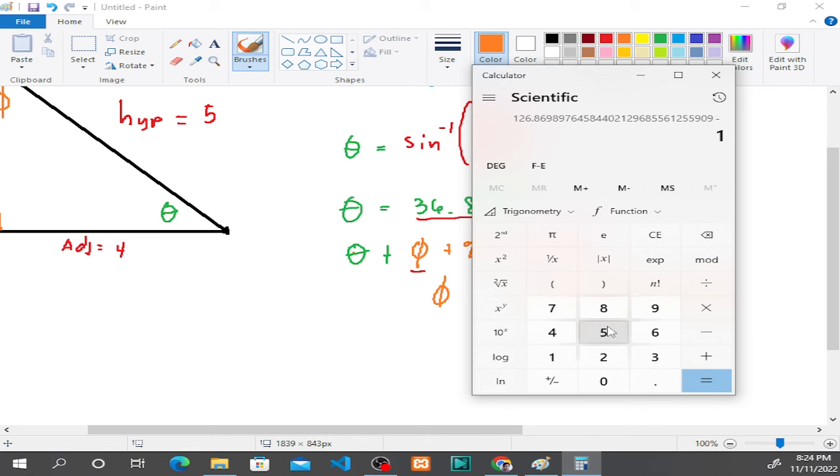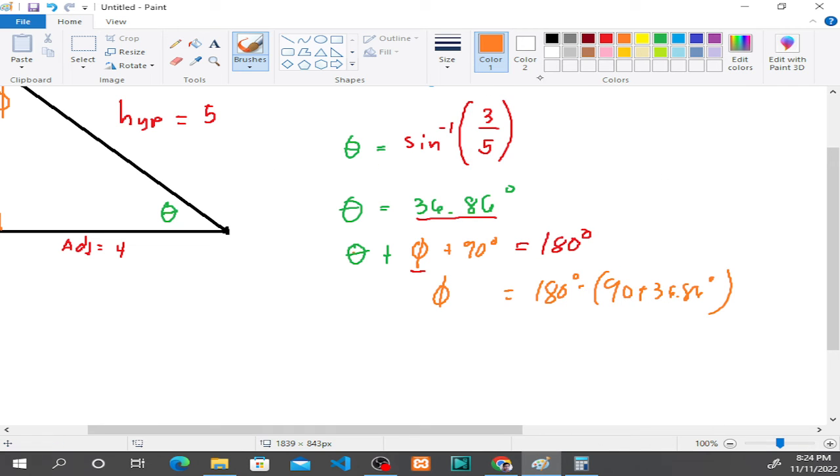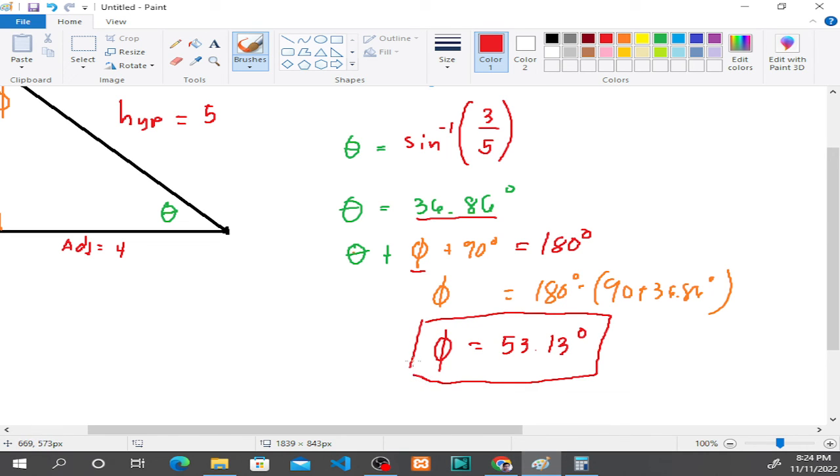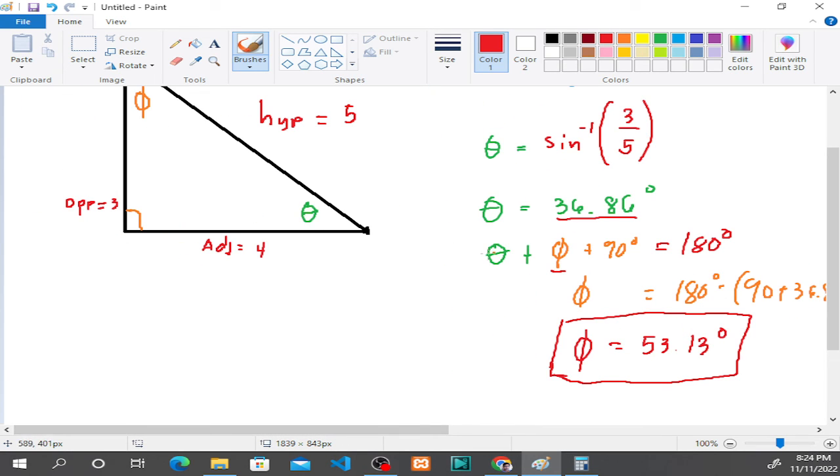That's 53.13 degrees. So there we go. We have found all the angles of this triangle using just the sine function.